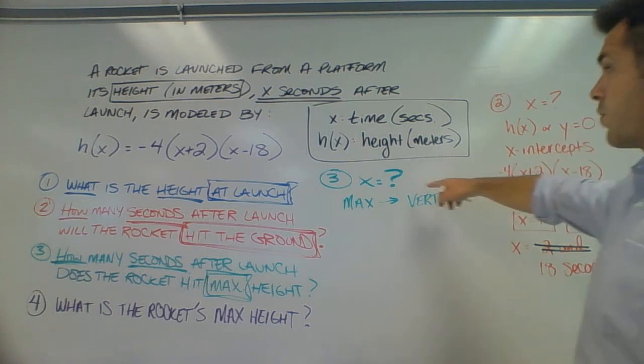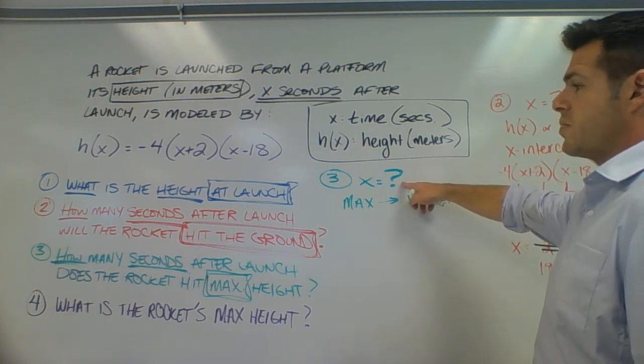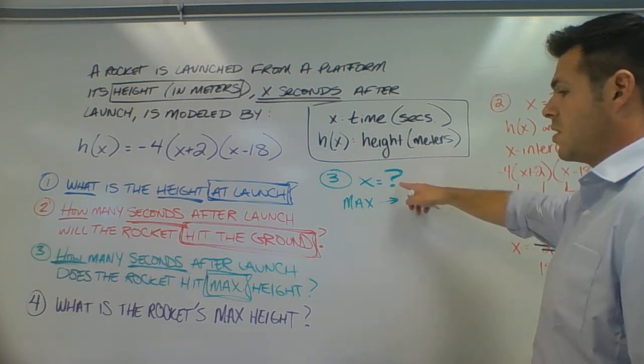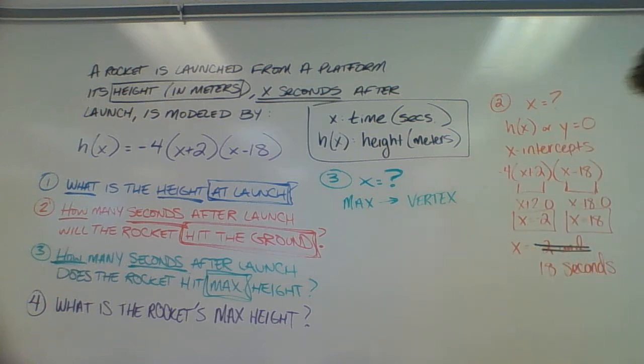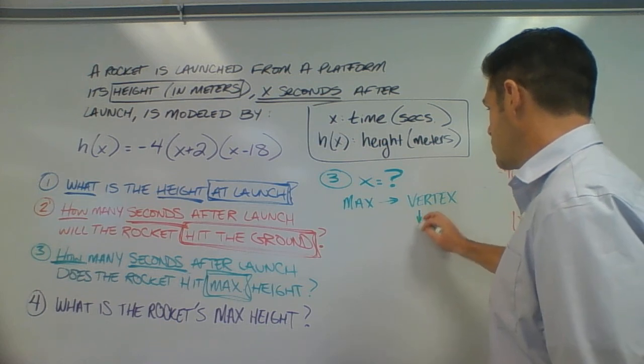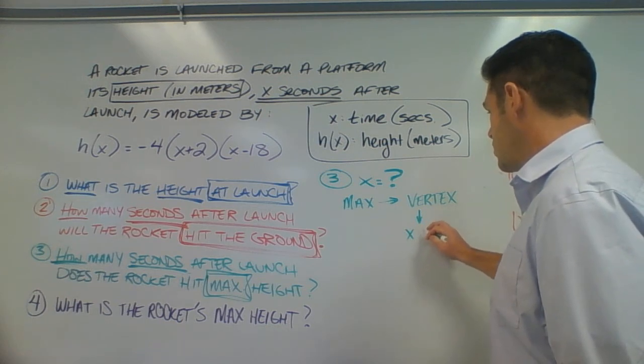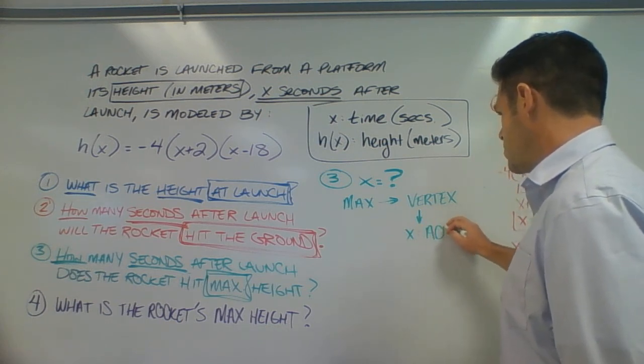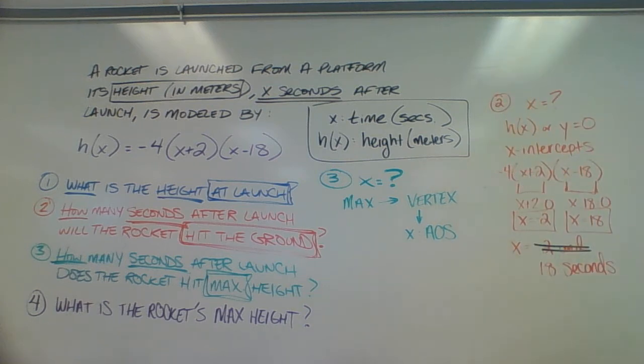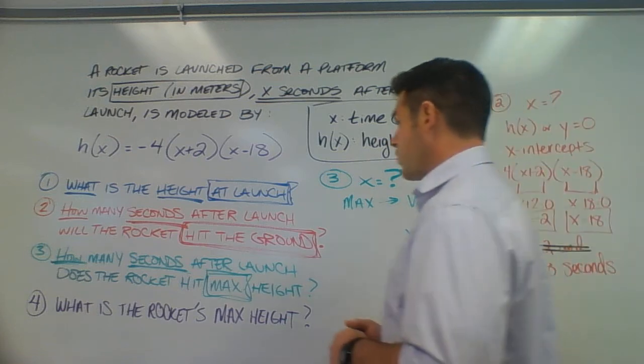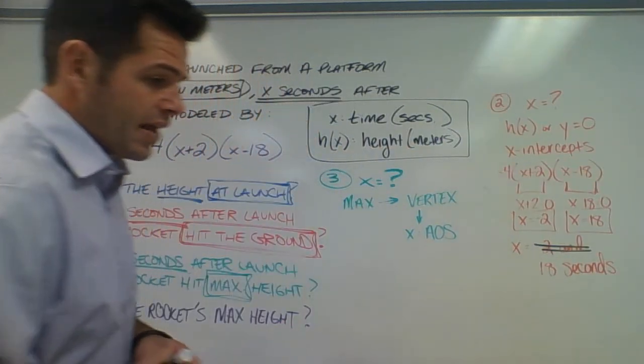Since we're solving for the letter x, because it's a question about time, within the vertex, we know that our x value for the vertex is our axis of symmetry. So, just like we did algebraically before, we need to figure out the axis of symmetry.